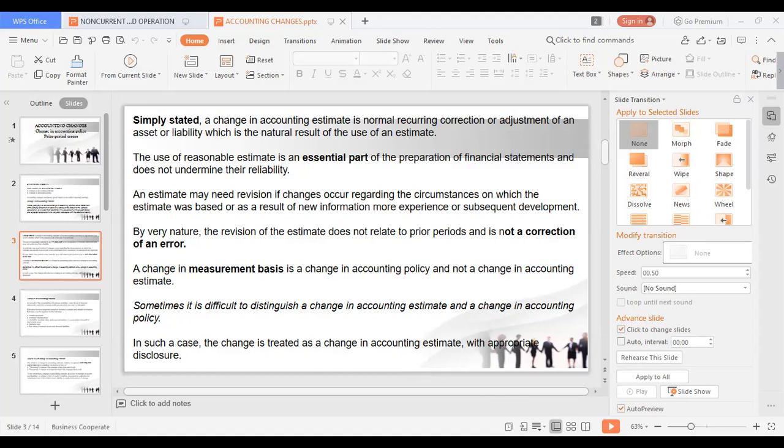If we now determine the percentage for 5-year assets, dividing 100% by 5 years will give us 20% for the 5-year life. So 20% per year, and you multiply it by 2 or 200%.